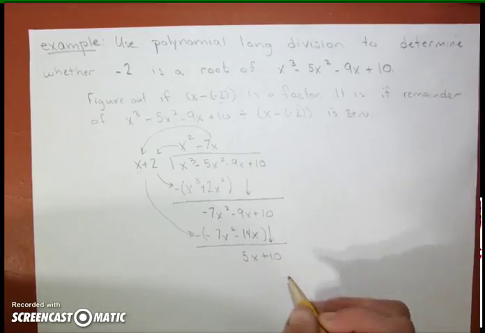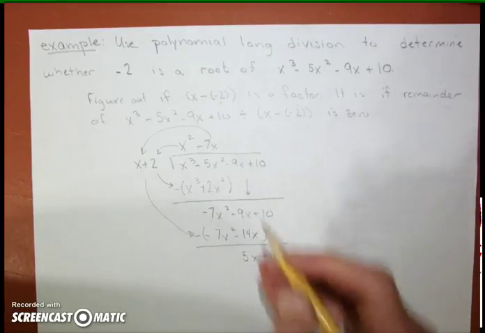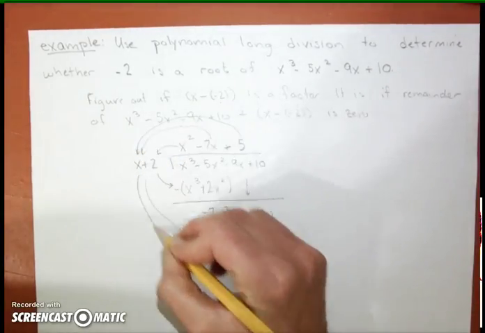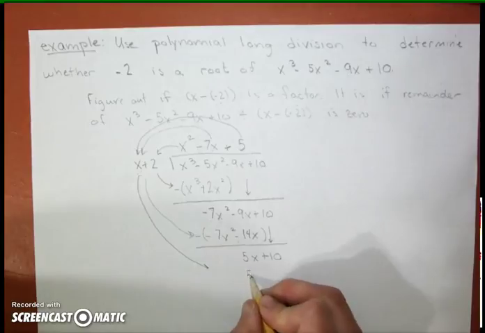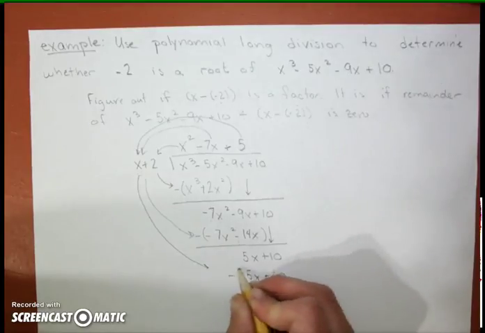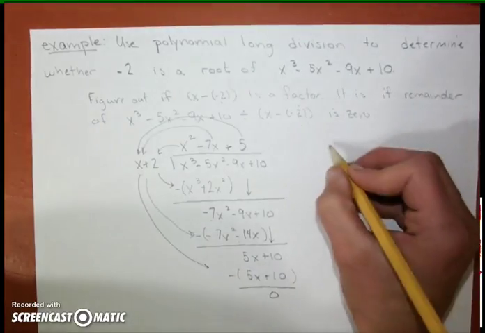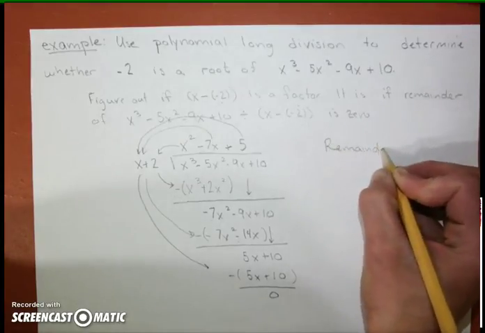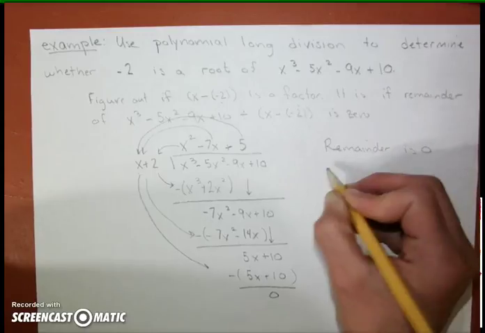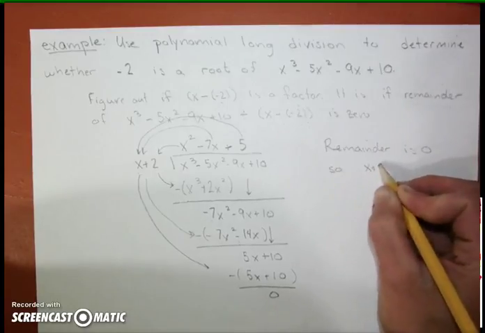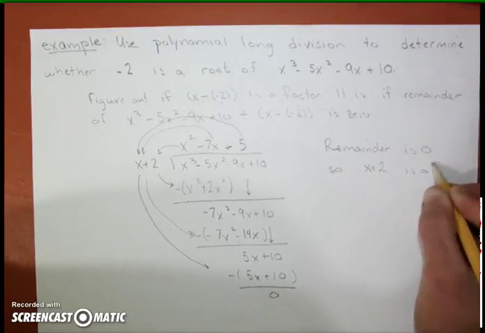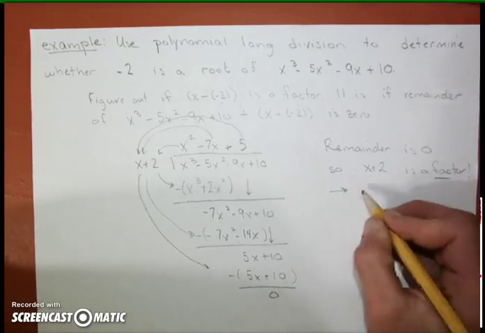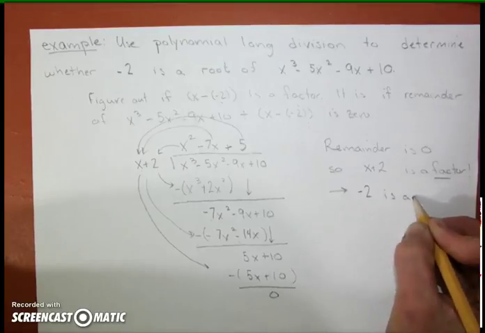It's plus 10. X goes into 5x 5 times, so I multiply, write the result underneath. I get 5x plus 10, subtract, and I get 0. So just like I wanted, I find that the remainder is 0. So x plus 2 is a factor, which means that negative 2 is a root.